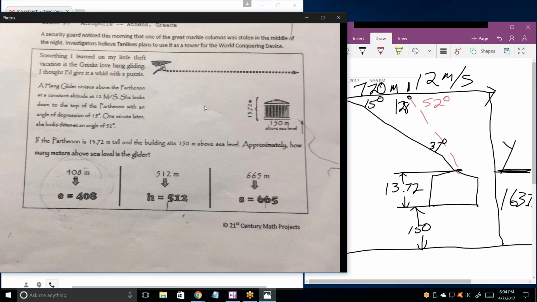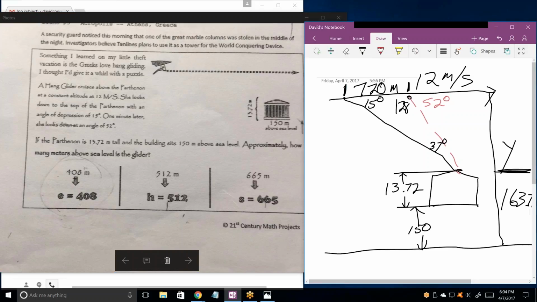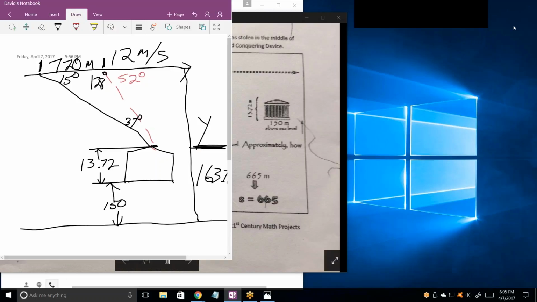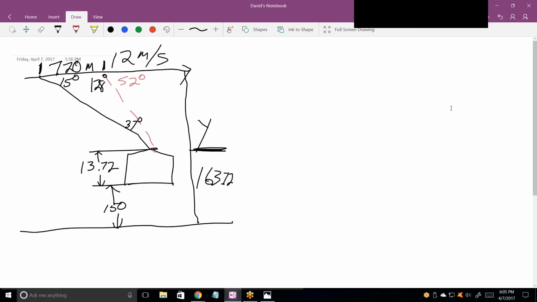The whole idea is that you're pretending to be a CSI agent, and there's a bunch of different problems, and you solve them. If the answer were 502, you would circle that, or 512, you would circle H equals 112. And then at the end of it, there's a puzzle. So these 3 things at the bottom don't have anything to do with solving this? No, not at all. Good. I don't want them to have anything to do with solving this.